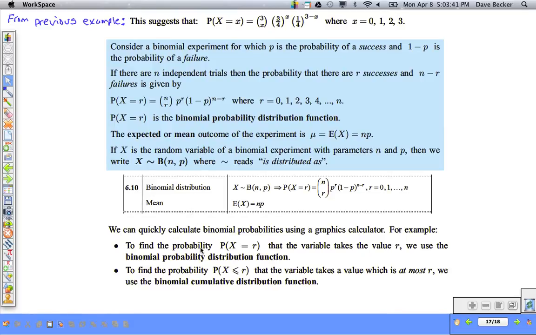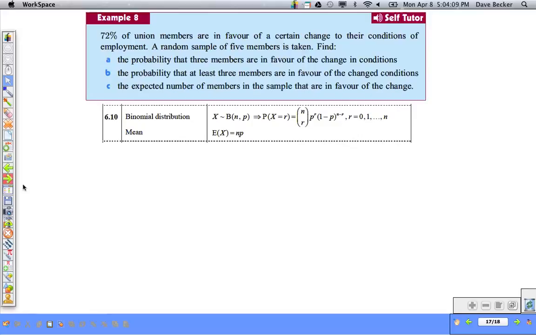To find the probability of P(X = r), that the variable takes the value r, we use the binomial probability distribution function. That's to find a specific probability. If we want to find the probability that a particular value is less than or equal to another value, that's a cumulative distribution function because we want to find the total amount of probability. And we'll see that clearly in this example, and there is only one example.